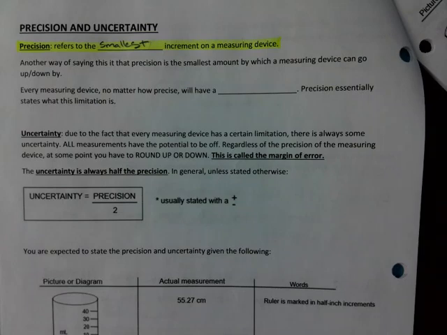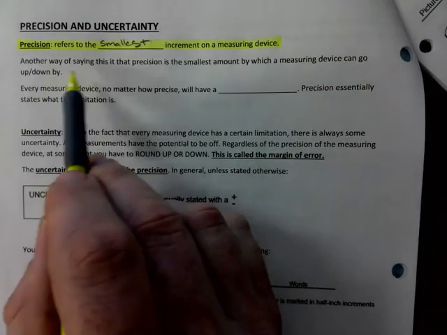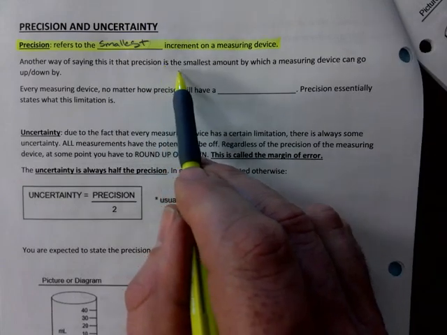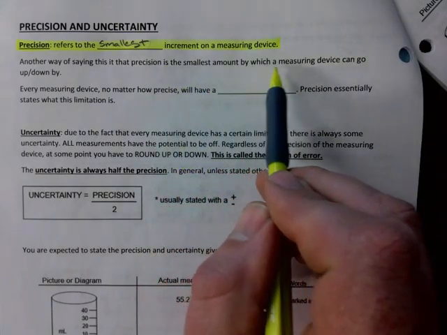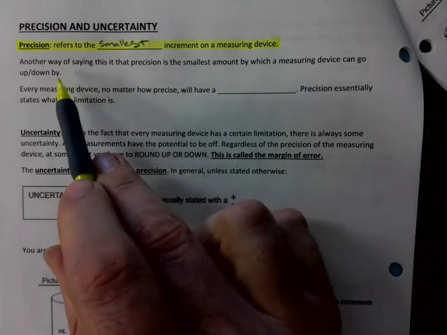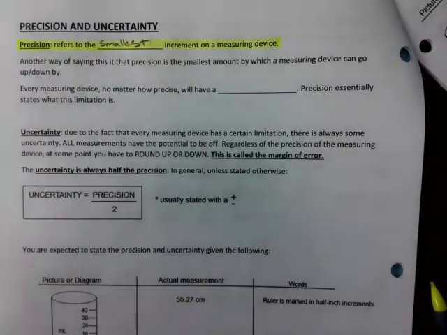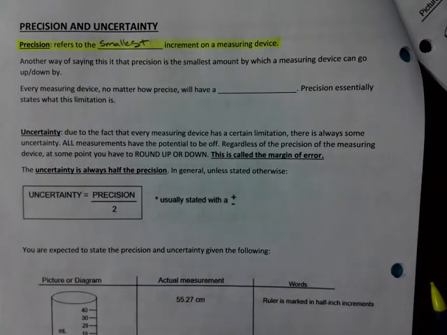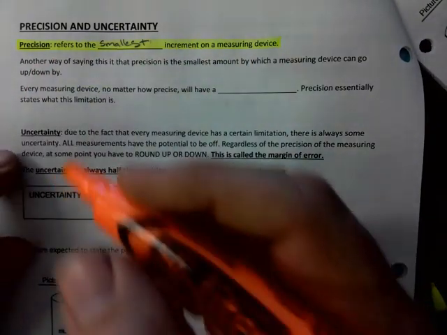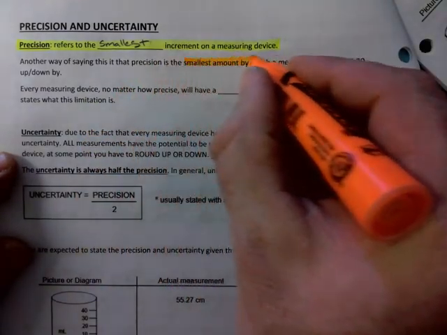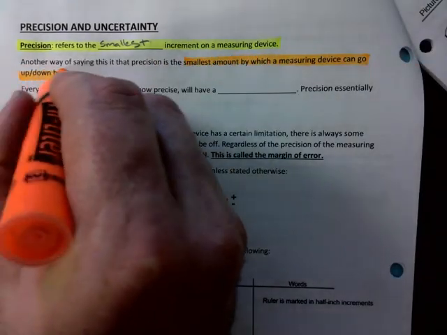That is the best definition. Another way of saying this is that the precision is the smallest amount by which a measuring device can go up or down by. I'm going to give this a different color because I think you don't really need to have this on your study sheet as long as you have the first one.